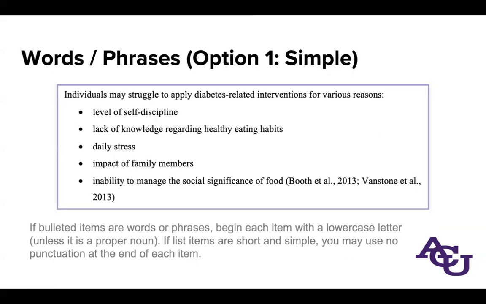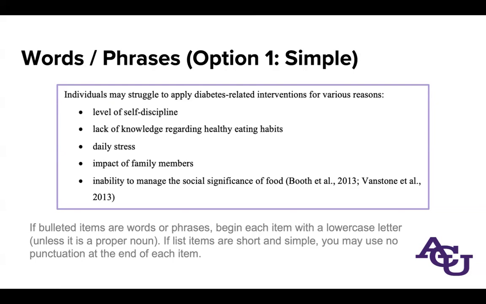Now, if your bullets consist of words or short phrases, we have this option. If they are simple words or phrases, you begin each item with a lowercase letter, unless it's a proper noun, of course, and you can use no punctuation at all at the end of each item. So let's look at that in this example. Individuals may struggle to apply diabetes-related interventions for various reasons.